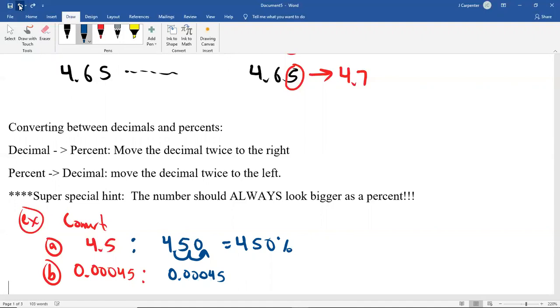I know I'm a pain with that, but I'm really just trying to liken this to you doing the homework, because when you do the homework, do you think you do it right the first time every time? I know I didn't. So right twice, which would make this number 0.045%. That percent number, it's small, but it still looks bigger than the decimal number, so that's good.